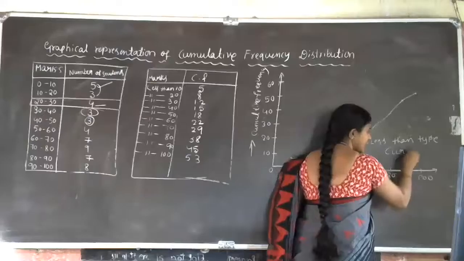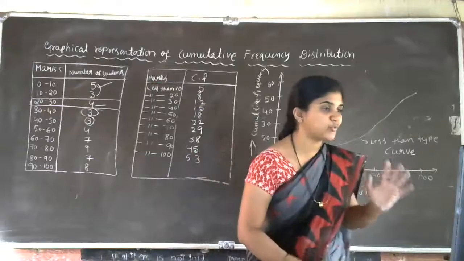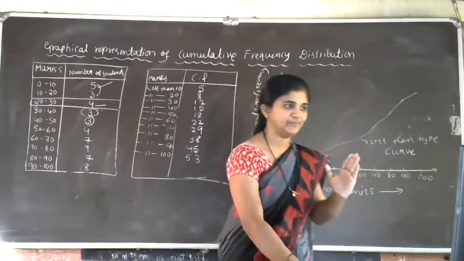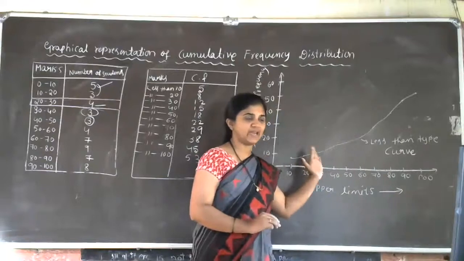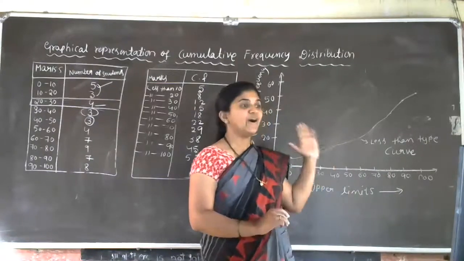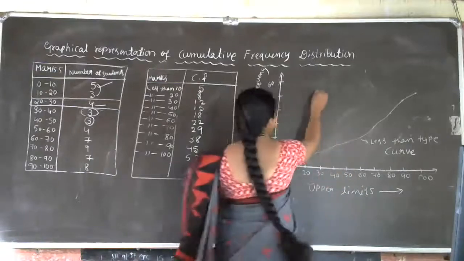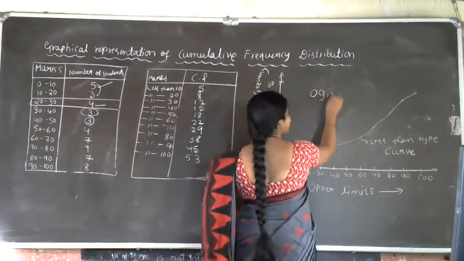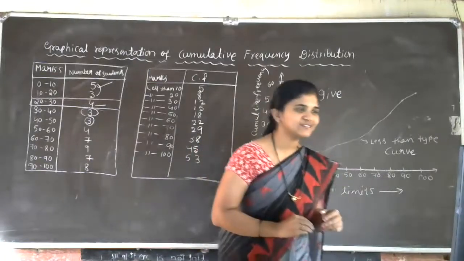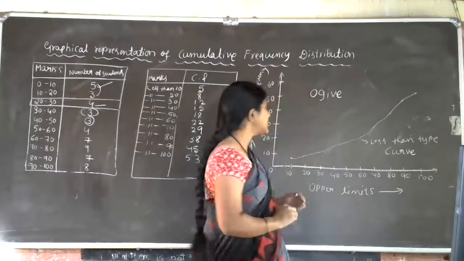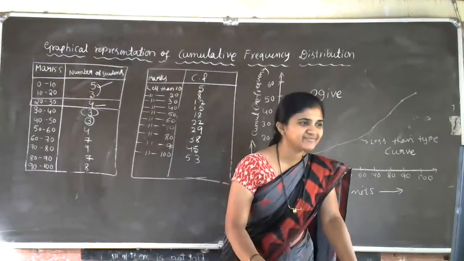We call this the less than type cumulative frequency curve. The name of this one is, how can you pronounce this? Ogive.